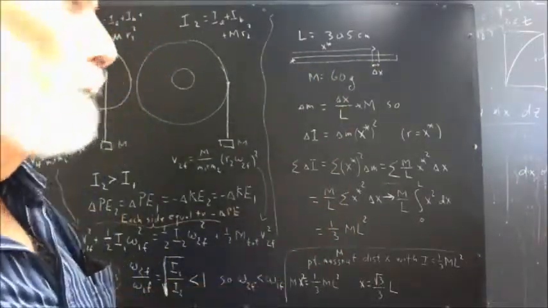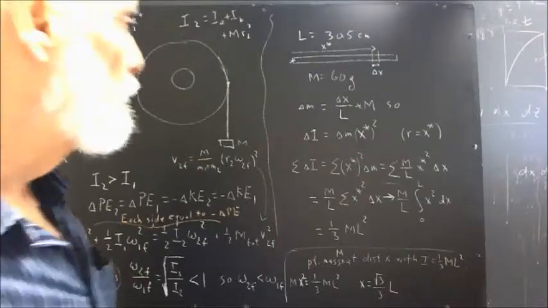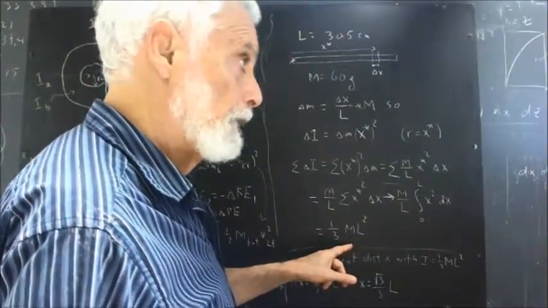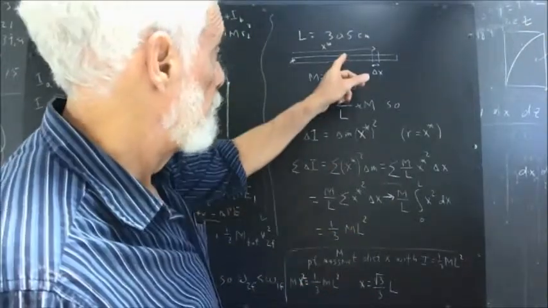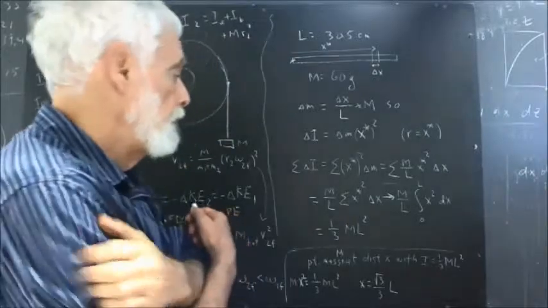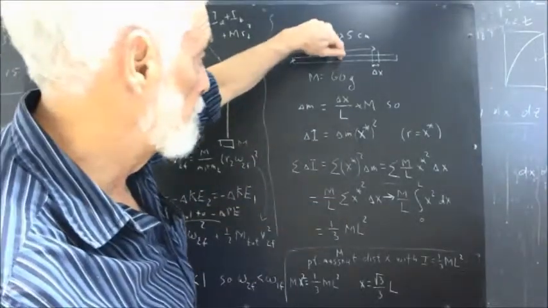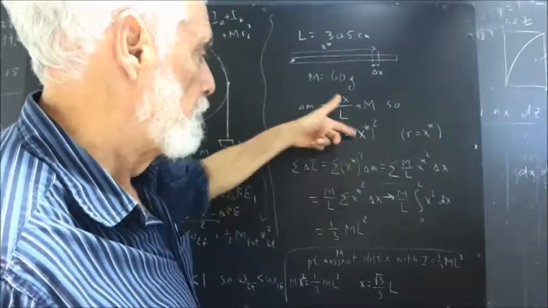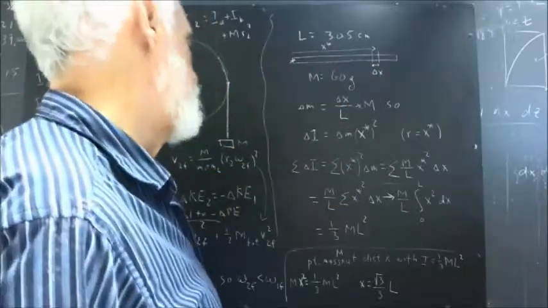Then I'll note, as I've noted before, the relationship between this and the moment of inertia that we get if we rotate the rod around the center. Talked about that previously. If we were rotating about the center, then on the average, these x stars would be half as great.